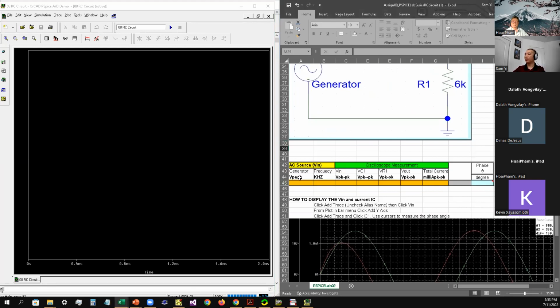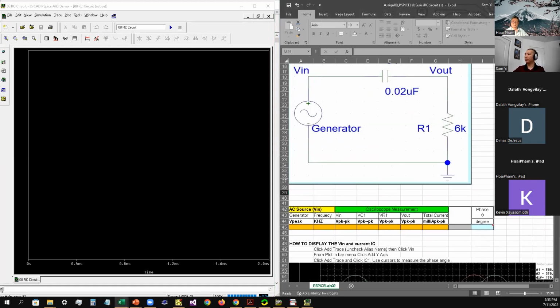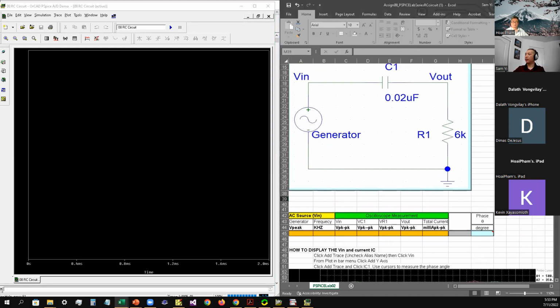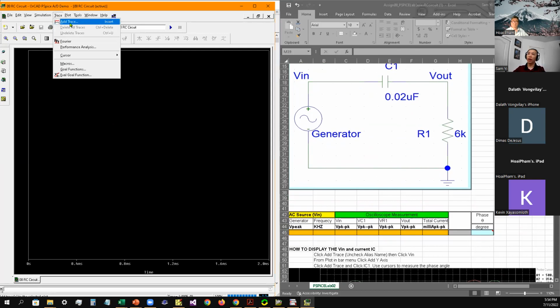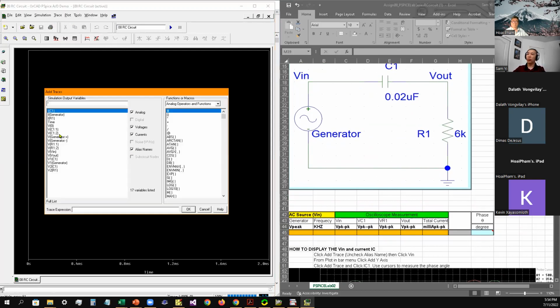The first thing is the generator, so you want to set up that information. Come in here to Trace, click once, and say Add Trace. Then get rid of all these other options. We don't need the alias name.